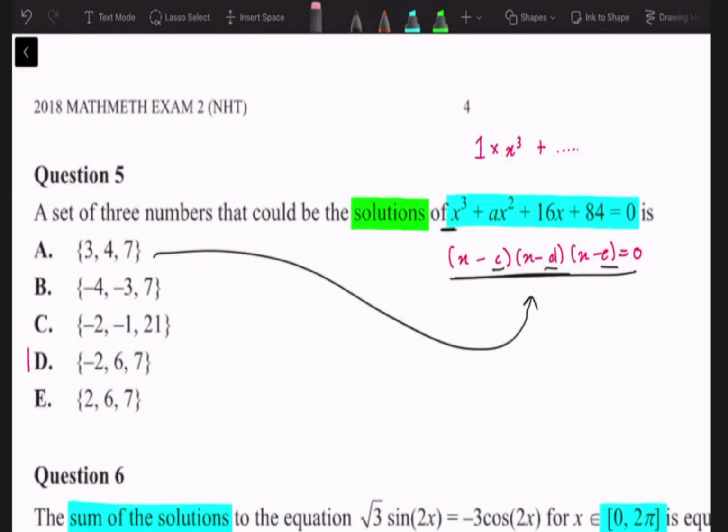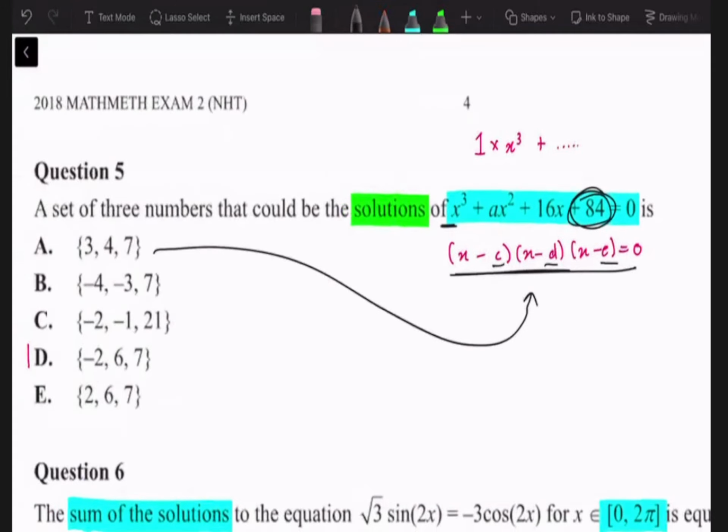So this last number here, 84, would have to be just the multiplication of those 3 numbers. So you could go down and test which of the 3 multiply to 84, and it's positive 84.